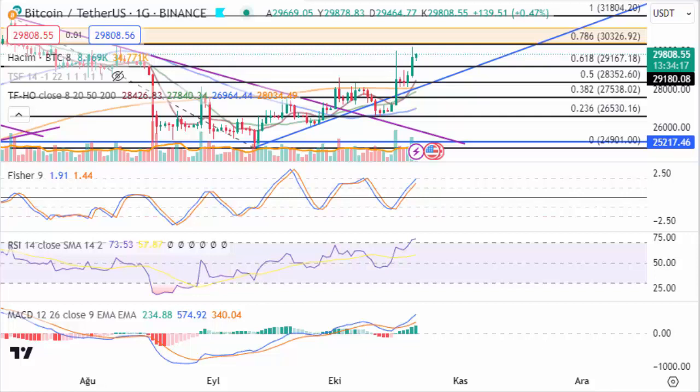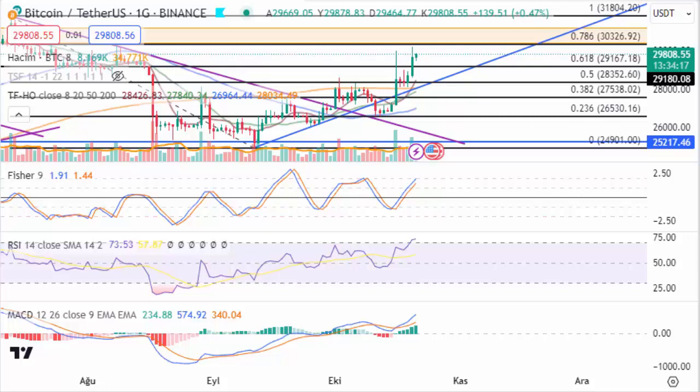Now, if we provide a detailed Fibonacci analysis, as you can see, the Fibonacci levels are working really well, especially if we look at the 0.236, 0.5, and 0.618 levels. Additionally, price movements first touch the 0.5 level, then experience a retracement to the 0.236 level.